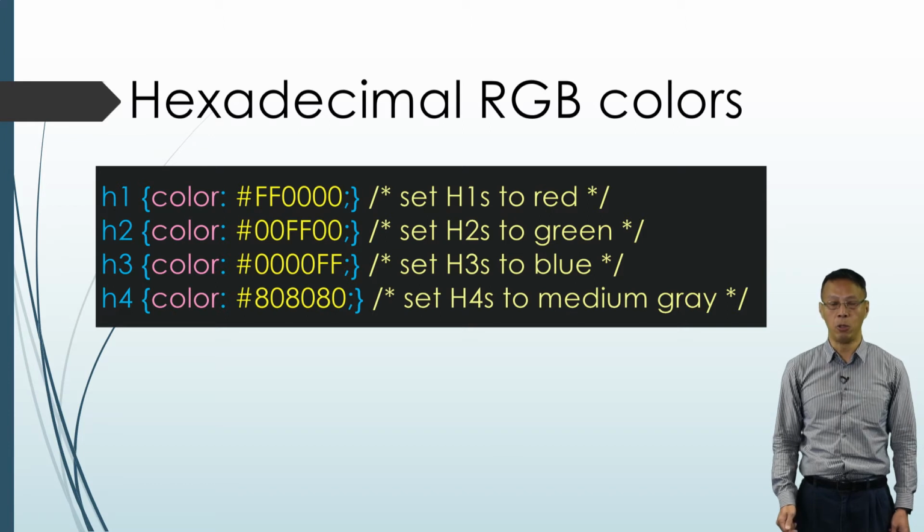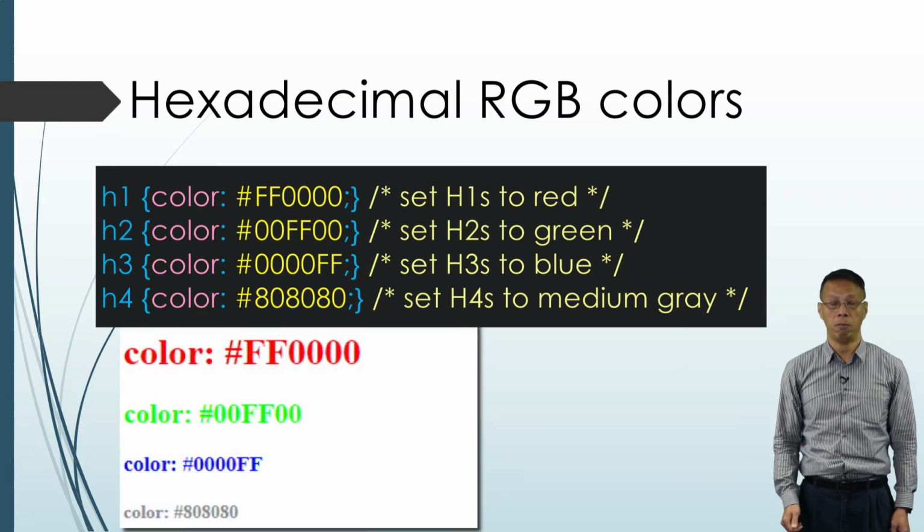The second two letters, 00, represent the green part. The third pair, 00, represents the blue part. So again, we have RGB, but this time we're using the hexadecimal code to specify the color value. For H1, because the second pair and the third pair are all zeros, we have only the red color.